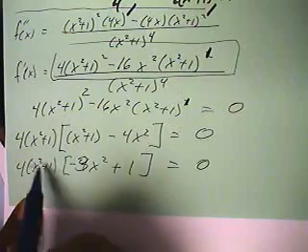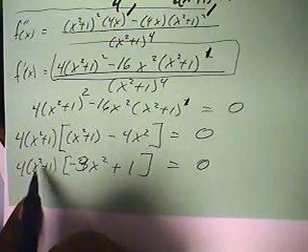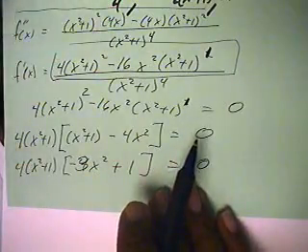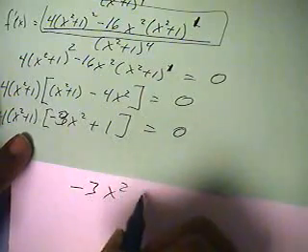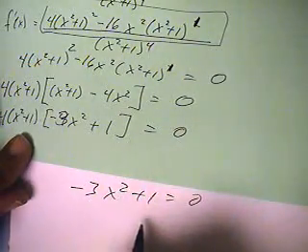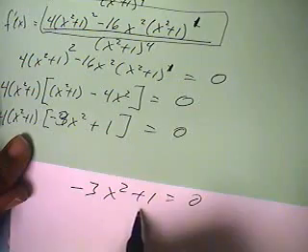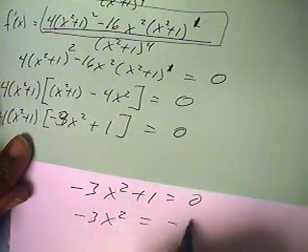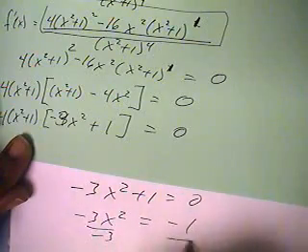This one cannot be solved for 0, so we're going to ignore that. This one can be solved for 0. So we're going to take some time out to find what negative 3x squared plus 1 equals 0 gives. I'm going to put the 1 on the other side, so we get negative 3x squared equals negative 1. Divide everything by negative 3, and we get x squared equals 1/3.